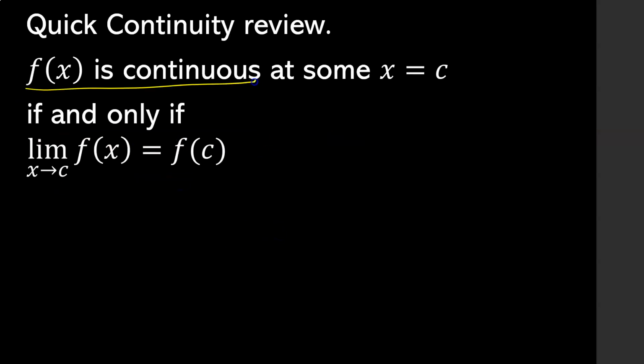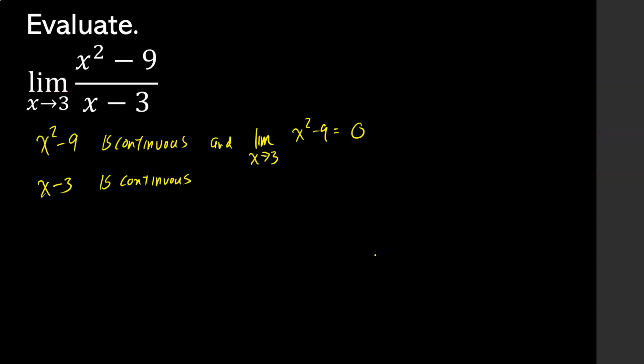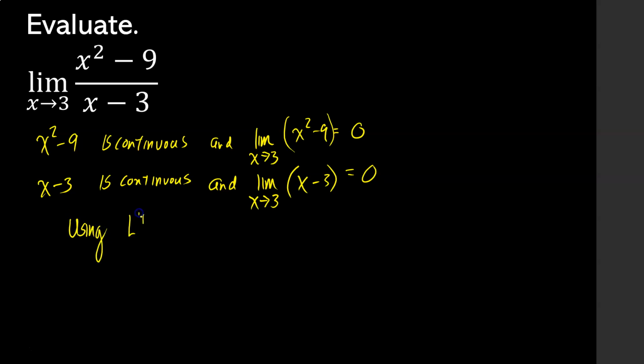If you know a function is continuous, that means instead of doing the limit, you can just do the substitution. Okay? And what do we get when we evaluate the limit as x approaches 3 of x minus 3? We get 0 there as well. So now we have to write using L'Hopital's rule.